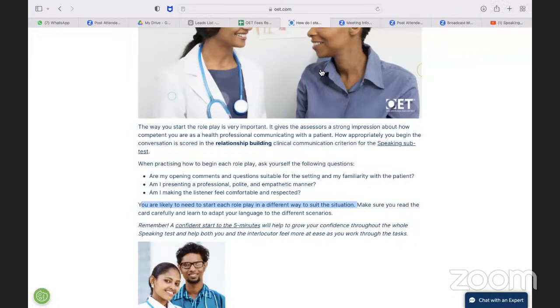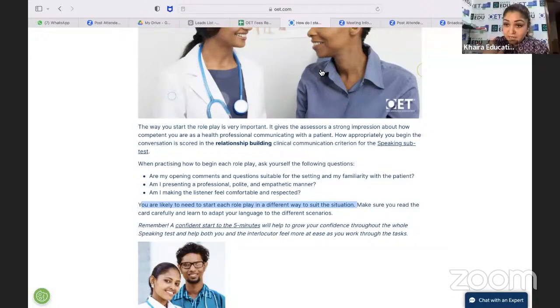This is an example of a very general statement that you try to fit, but then this may or may not be relevant for the context that you have. So make sure you read the card carefully and learn to adapt. By adapt, we mean change.